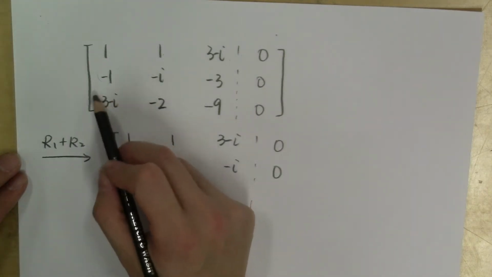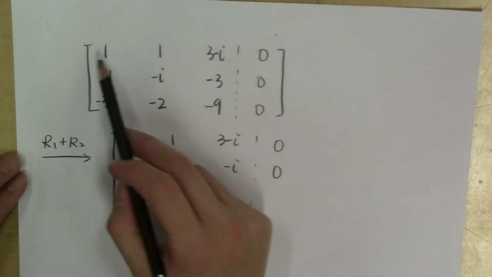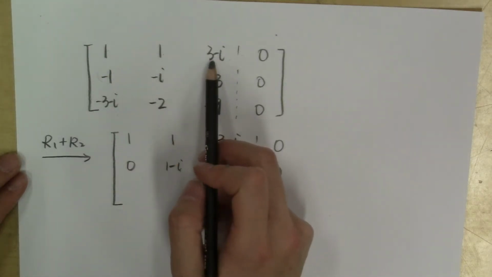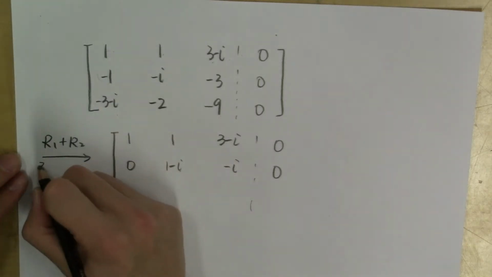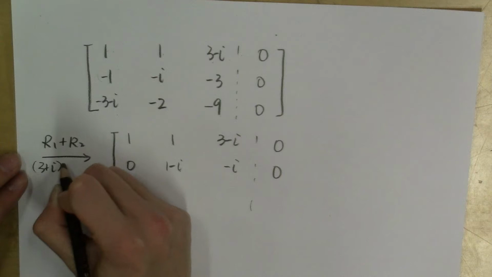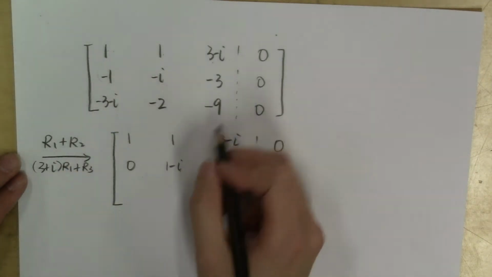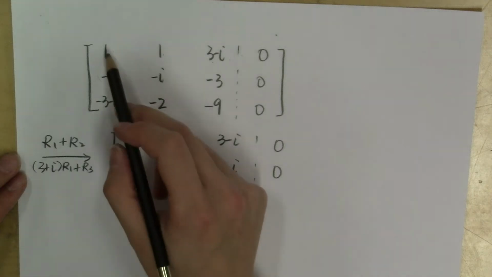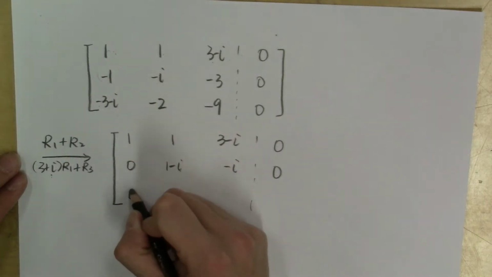And to reduce this entry to 0, I need to multiply the first row by a number. And what number do I need to multiply? That's right, it should be the negative of this entry divided by 1. So there should be 3 plus i multiplied to the first row and adding that to the third row. So this number becomes 3 plus i minus 3 minus i, so it's 0.